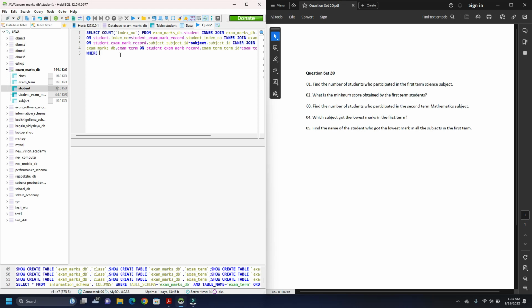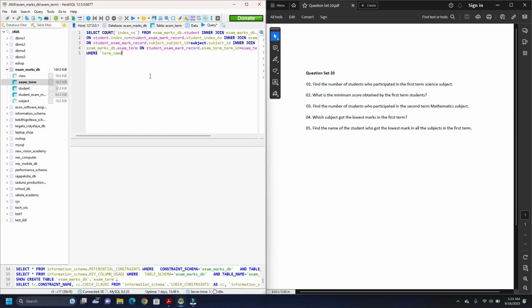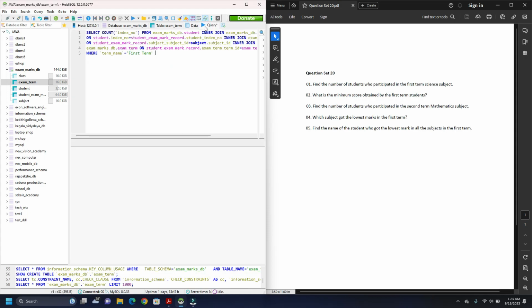So the term is first term, so term name equals to first term and the subject is science.